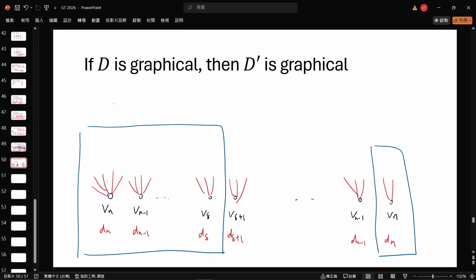So it's like we have to remove one edge from each vertex, okay? And for Vn, because now the goal is to make the new degree 0, we have to remove all the edges.